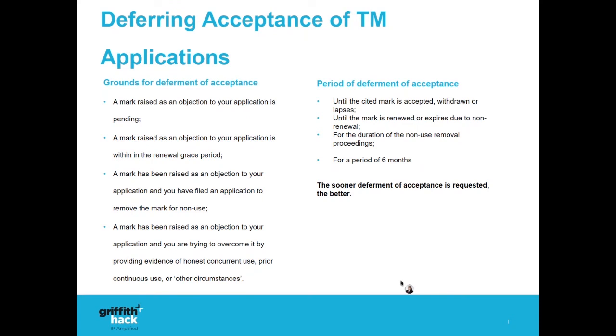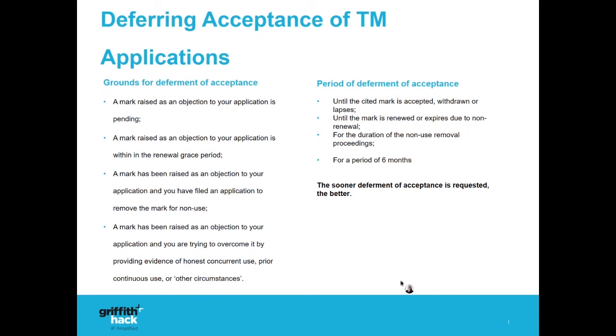And then finally, if you've had a mark raised as an objection to your application and you try to overcome it by providing evidence of honest concurrent use, prior continuous use, or other circumstances, you can defer acceptance of your application for a period of 6 months.